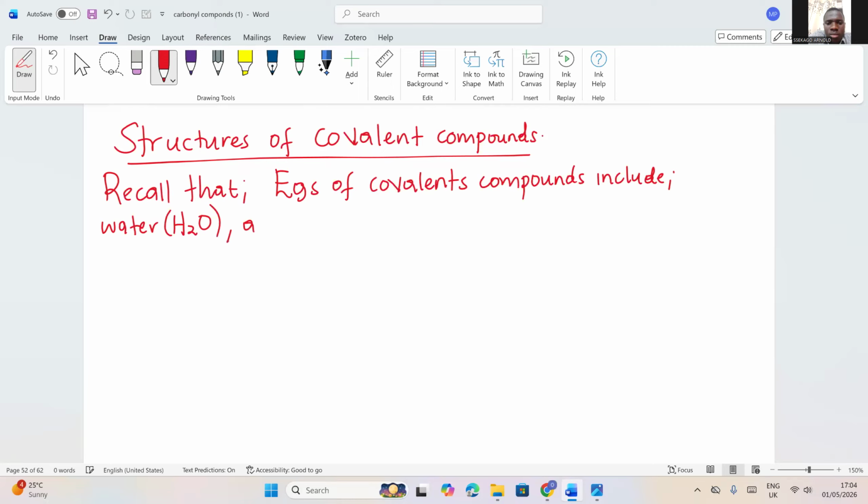You have ammonia. We saw at school the formulation of these compounds. We have carbon dioxide, CO2. We saw all this information. It was covered.